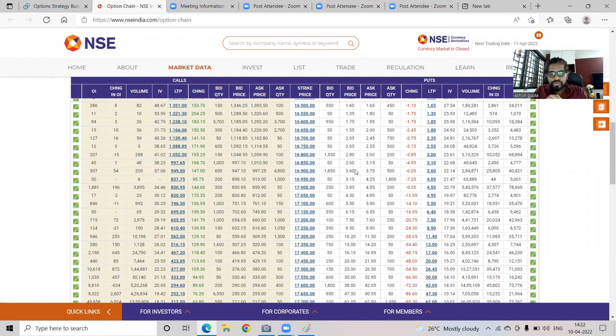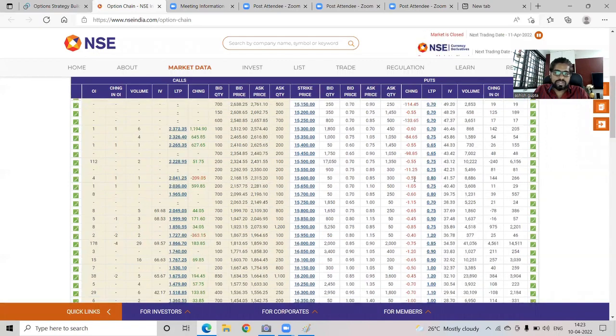Once that news came, the calls obviously were in demand. People were not just covering their shorts, but longs were getting built on that big positive news. So OTM options on the call side would have started trading higher, and the skew would have been on the call side. So that is call side skew.